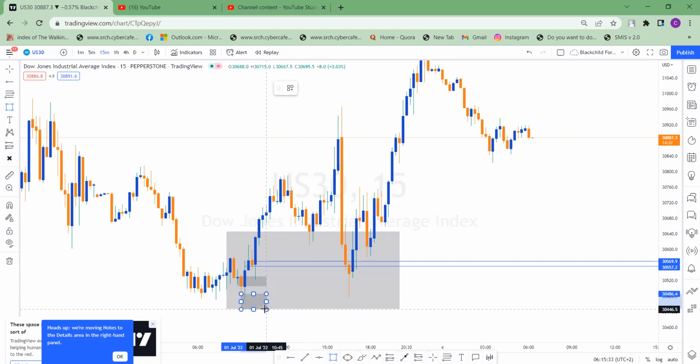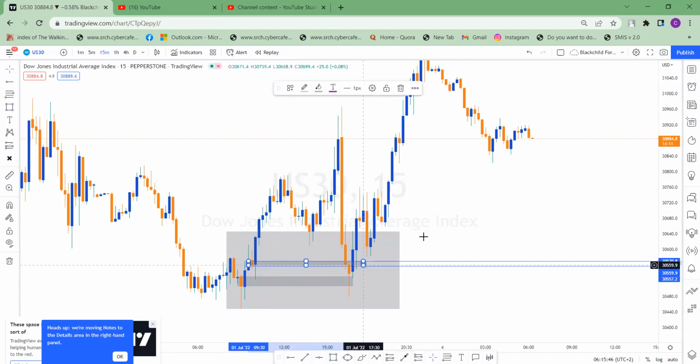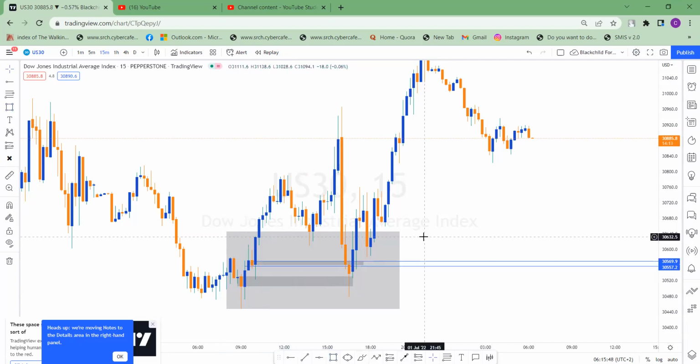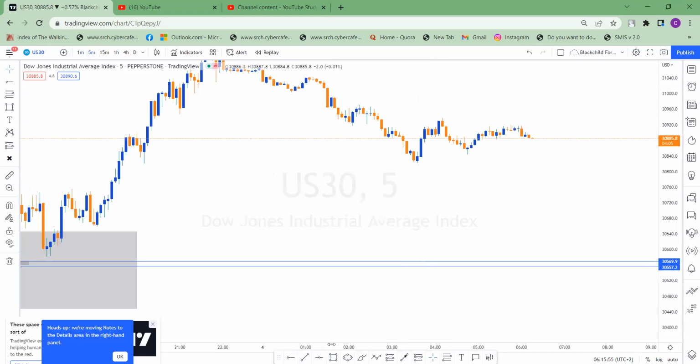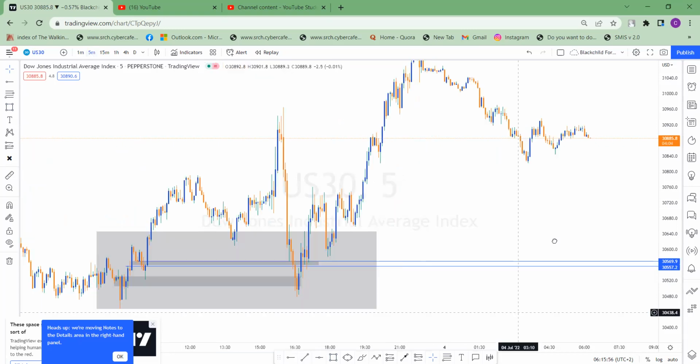Let me use this thing when I go on a smaller time frame, right? So these are actually very important zones, this one and this one. You can see that the first POI has not been respected, so we're going to go deeper until we get that perfect POI.